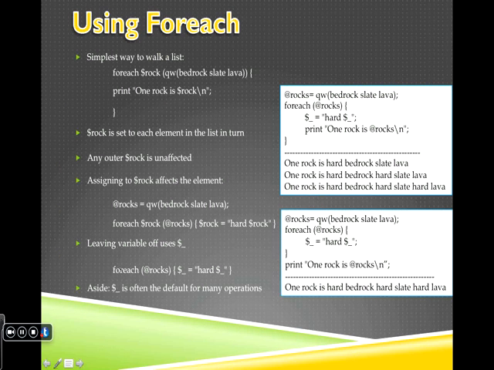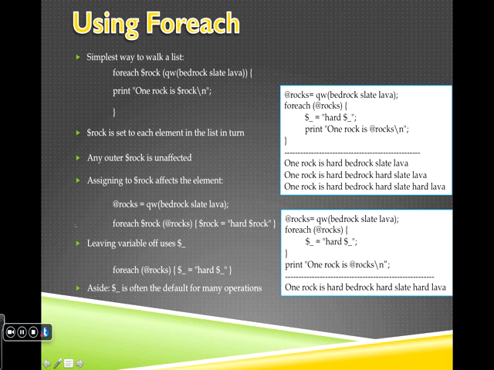A quick example of how we can manipulate the list is by using foreach. Of course you can use while, but you will need to use either end of the file or the indices. Foreach is an easier way to deal with it. For example here, for each I am assigning to the scalar rock the following list, which is the keywords bedrock, slate and lava.